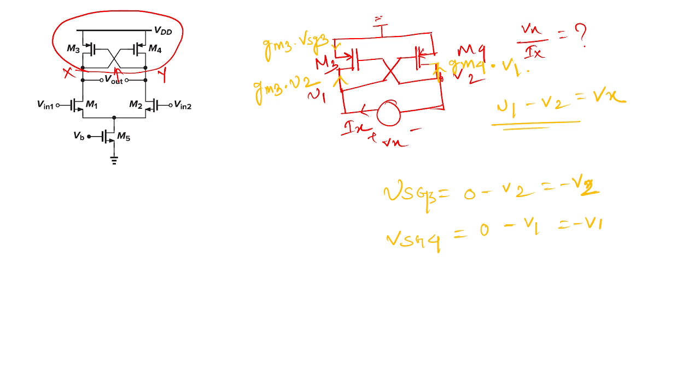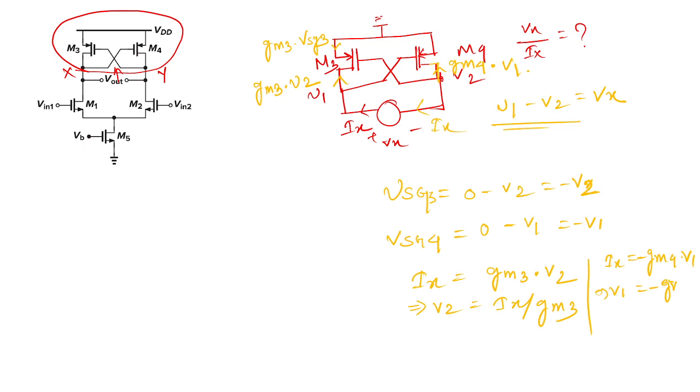So you can write Ix equal to gm3 V2, so V2 is equal to Ix/gm3. And here, Ix flows in this direction, so Ix equals minus gm4 times V1. So V1 is minus Ix/gm4.